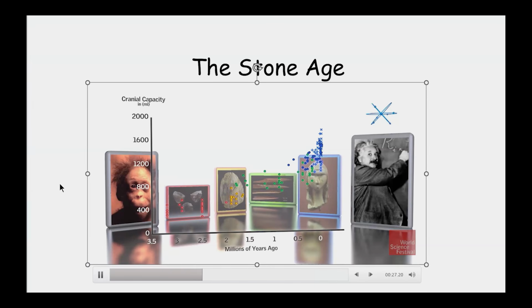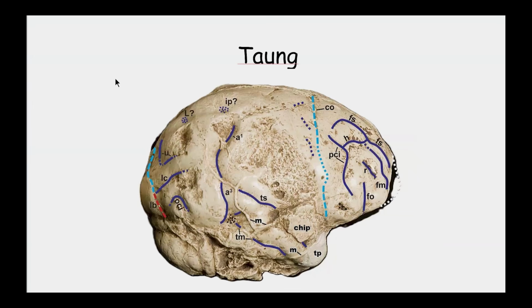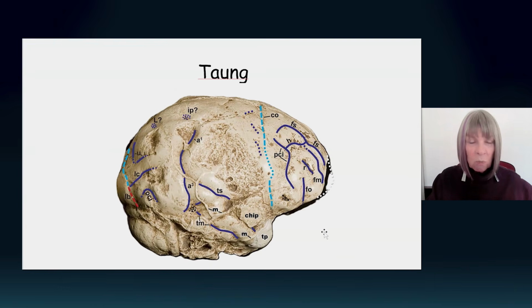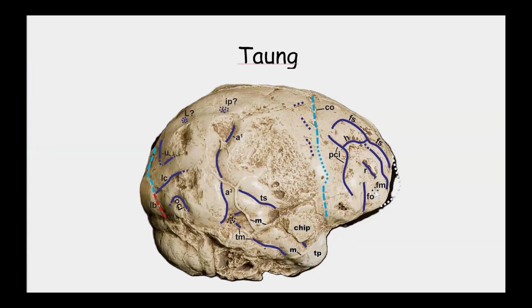The second thing, endocasts. Here we have the right side of an endocast from a little skull called Taung that you saw in the first slide, and this was the first Australopithecine ever discovered. And I just want you to see what kinds of information you might pick up off an endocast. And you see here, the blue lines represent grooves in the brain that separate convolutions.